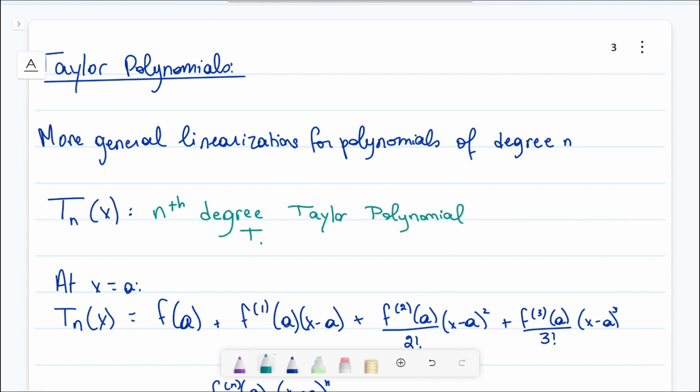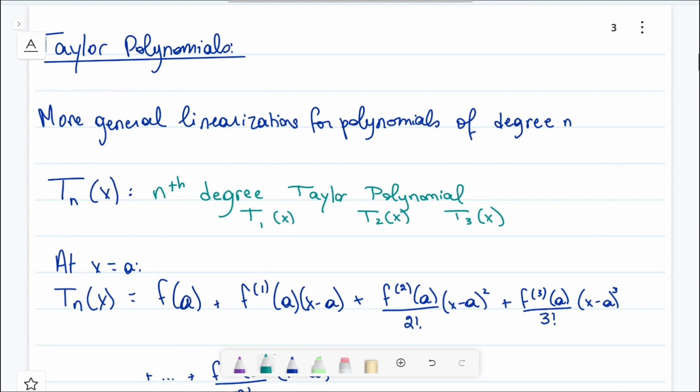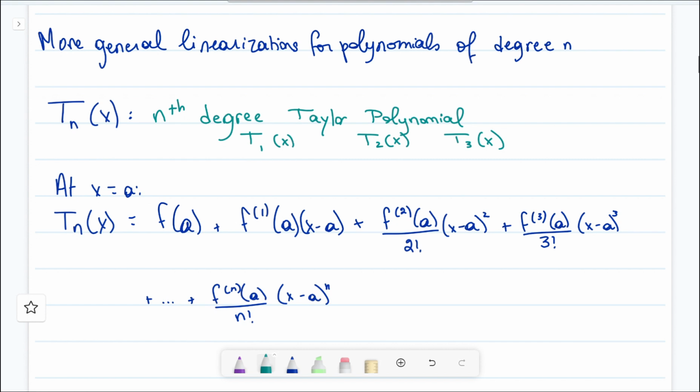Basically, if it's written T1 of x, this is the first degree, this is the second degree, this is the third degree. The higher the degree, the more accurate it is. So let's write what the Taylor polynomial is.